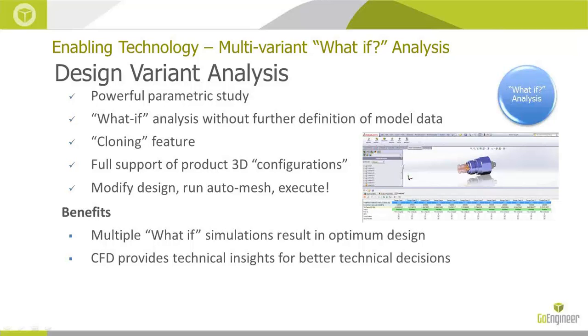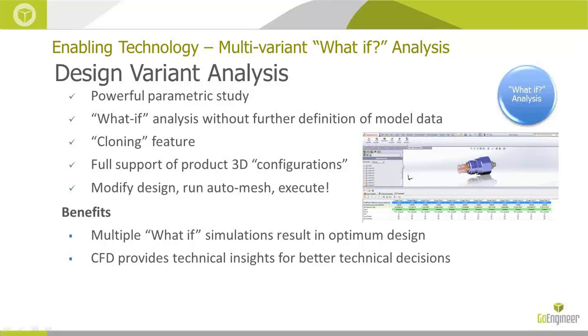In SOLIDWORKS Flow Simulation, we call that our parametric study. This allows us to grab a model dimension or a flow parameter, such as a flow rate or a temperature, and analyze all these different scenarios. Once we create all these different scenarios, we can clone our studies, so our flow simulation setup, to each of those situations.